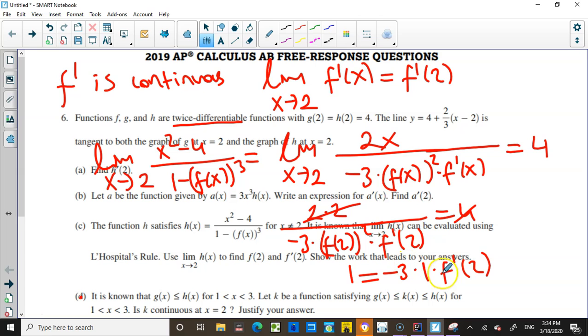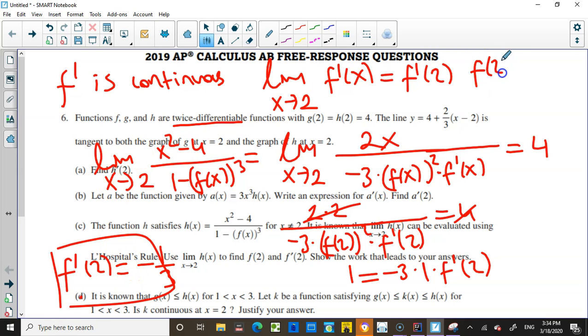If I treat f prime of 2 as a variable and solve this equation for it, we get f prime of 2 is equal to negative 1/3.